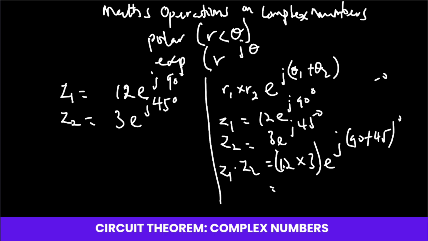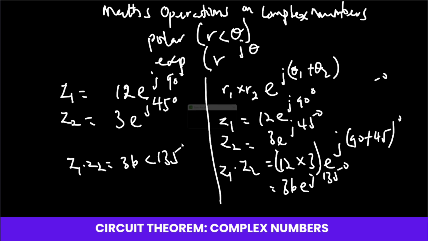So we have 36 e j 135 degrees. And if we convert this into our polar form, we get Z1 Z2 is equal to 36 angle 135 degrees, just as we got when we used the polar form to solve it, confirming our answer.